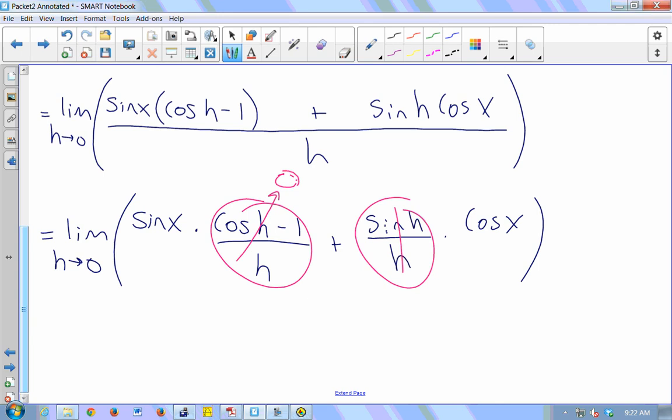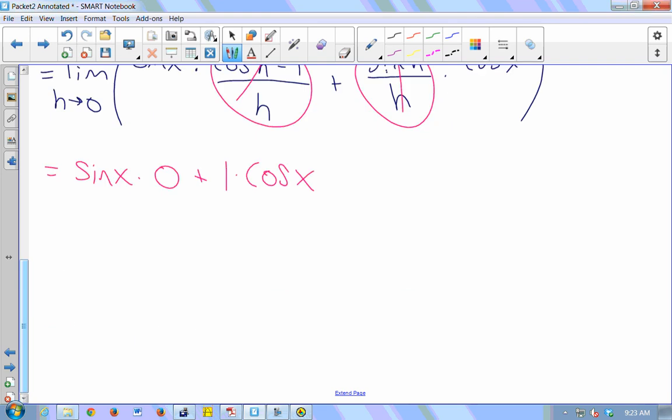So h is what goes to 0. So sine of x doesn't change as h goes to 0. So this ends up just being sine x times 0 plus 1 times cosine x, and I get cosine of x as the derivative of sine x.